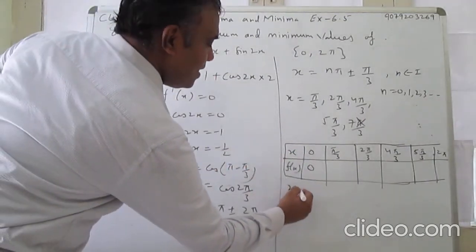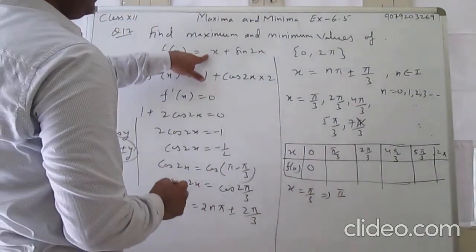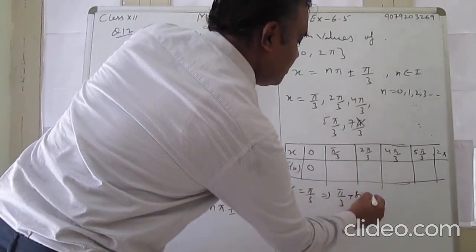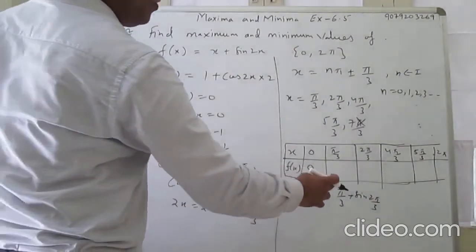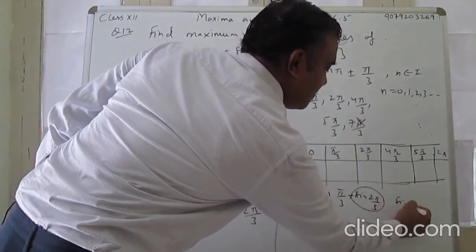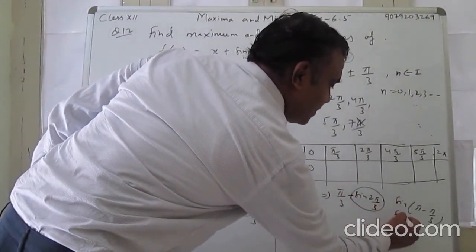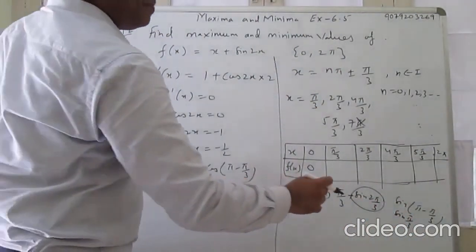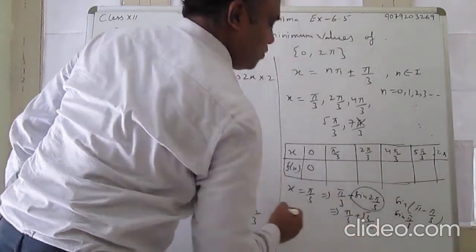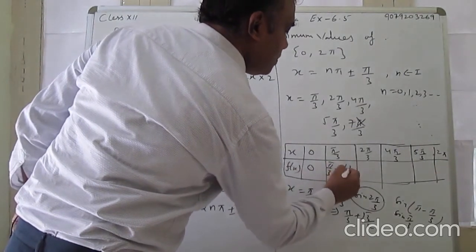At x = π/3, it becomes π/3 + sin 2π/3. We know sin 2π/3 = sin(π - π/3), which is positive, so it is sin π/3. Sin 60° is √3/2. So the value is π/3 + √3/2.